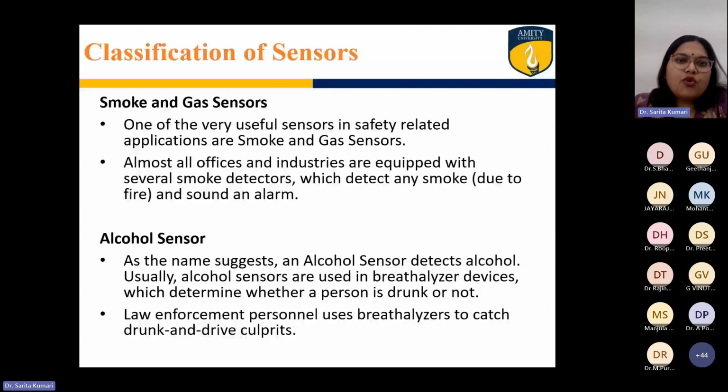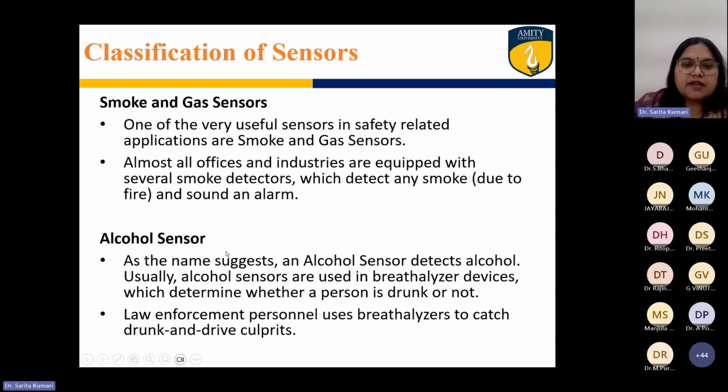Moving to the next, that is the smoke and gas sensor. We have the alcohol sensor. The smoke and gas sensor is used to detect smoke, for safety purposes in buildings, institutions, and malls. We use this kind of smoke sensor everywhere, which is helpful in taking security measures.